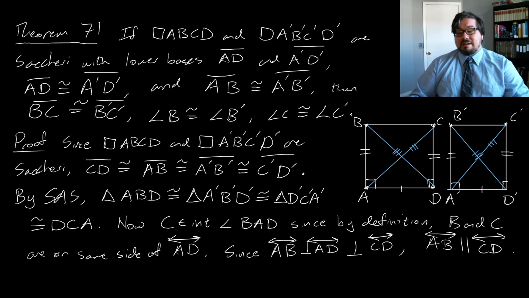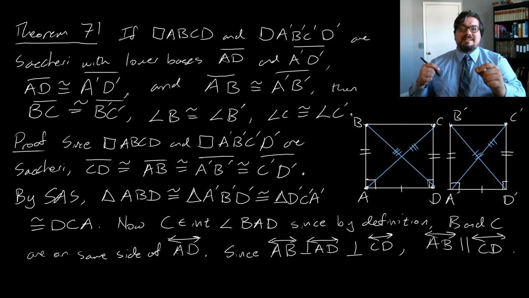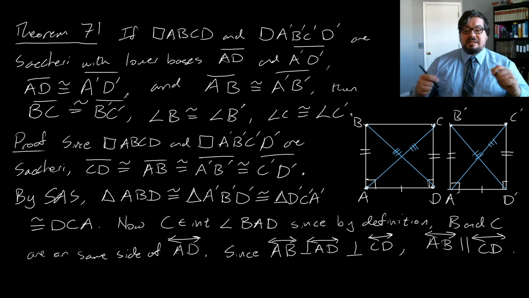And this is because there's no possible way for the segment containing 2 points in the line CD to cross the line AB, otherwise the two lines wouldn't be parallel.